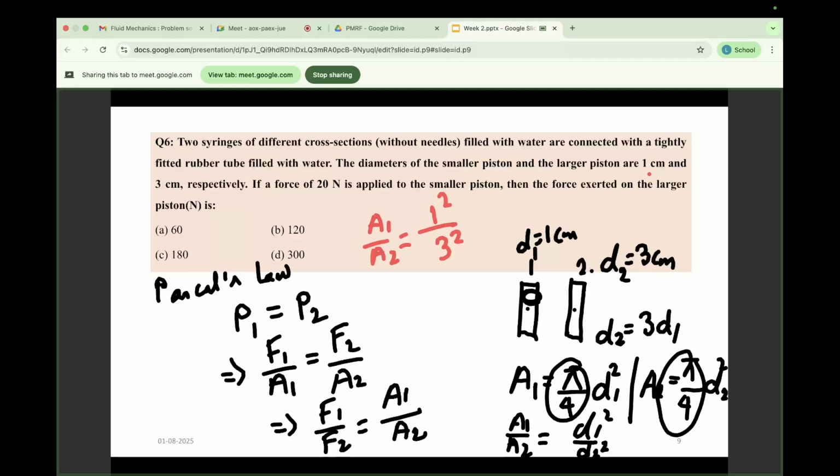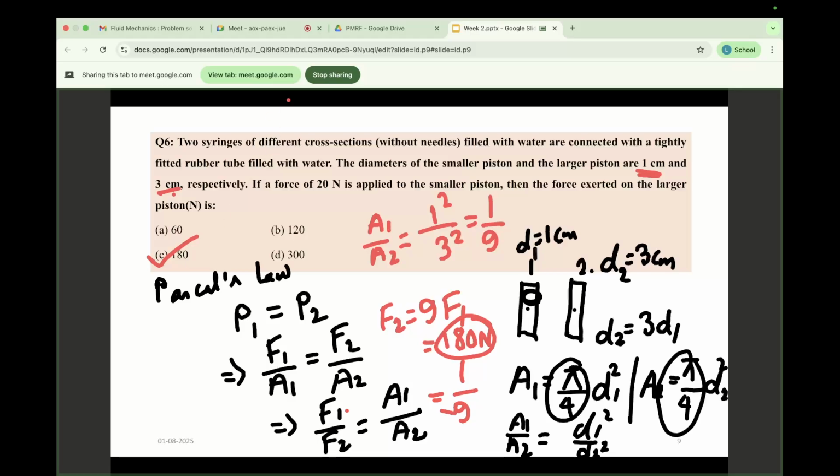It is in centimeters; if you convert it into meters it doesn't matter because it is a ratio, so I haven't converted it. So that is 1 by 9. We are asked to find F2, so I can write F2 equals 9 times F1. F1 is given as 20, so 9 into 20, that means 180 should be the answer. So option C is correct.